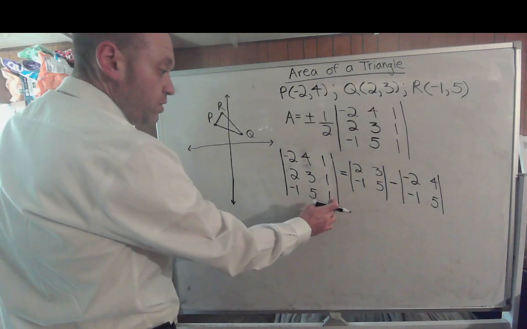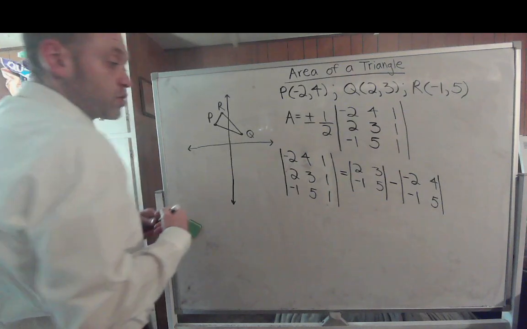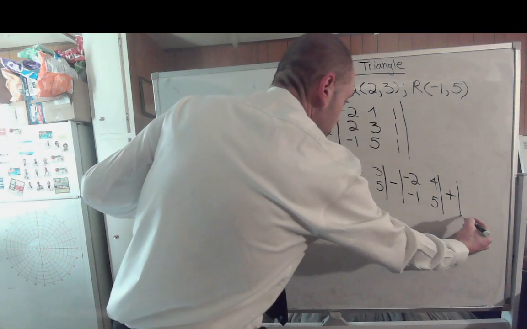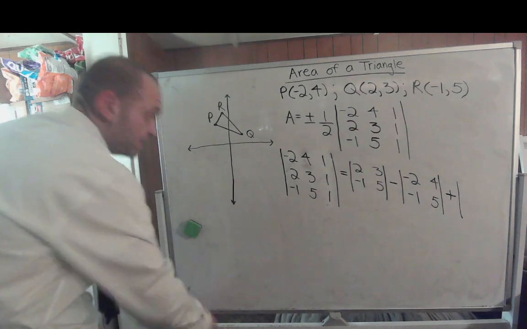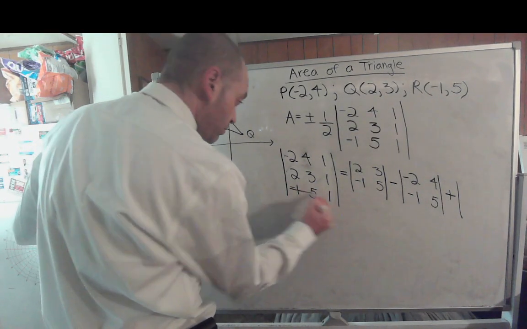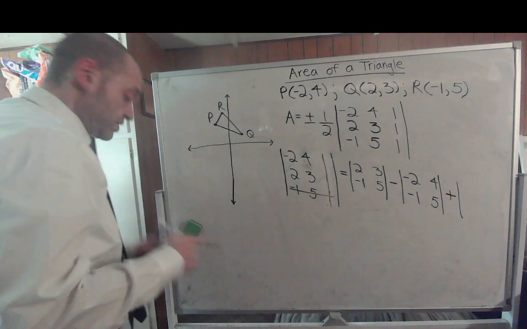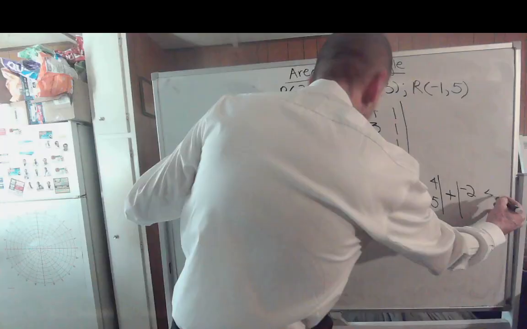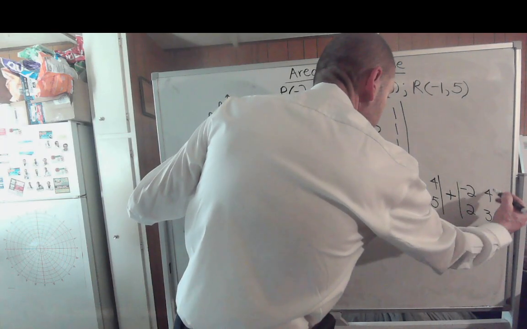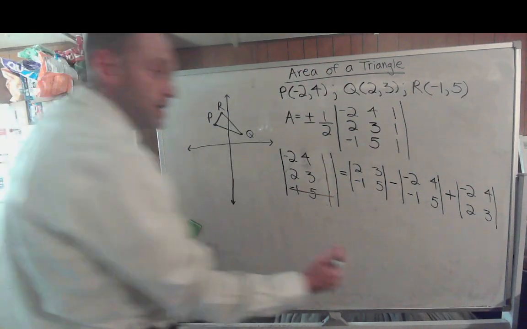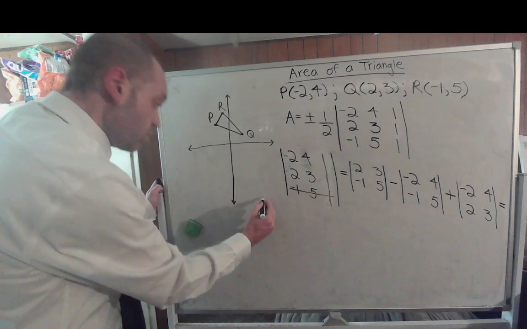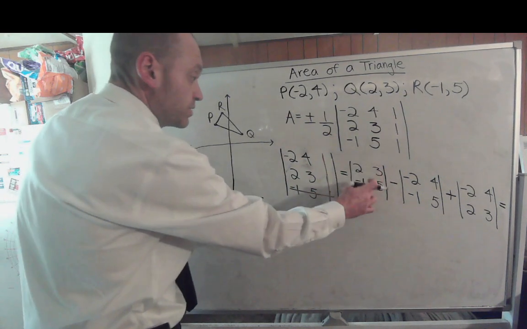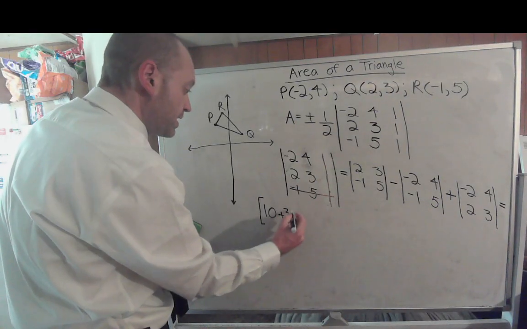Then we have one more 2 by 2 determinant to evaluate. We use the final entry in the third column. According to the cofactor signs, that should be plus that 1, times the determinant left when we strike out that row and column: -2, 4, 2, and 3. Now we solve these three 2 by 2 determinants. 2 times 5 is 10, minus 3 times -1, which is plus 3.